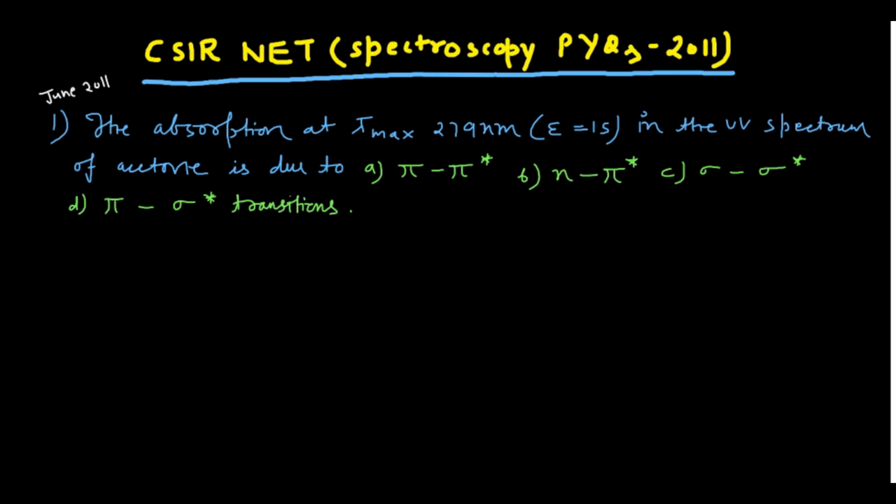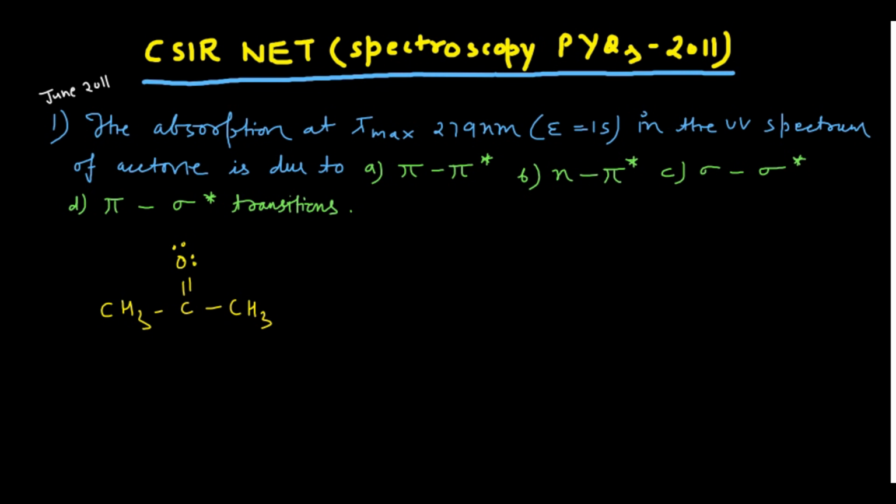So before going into the details of this question, first of all you should know, this is your acetone molecule, CH3, this is O, this is CH3, and this lone pair is present here. Generally we only consider those transitions which require very low energy, and low energy corresponds to the higher wavelength.